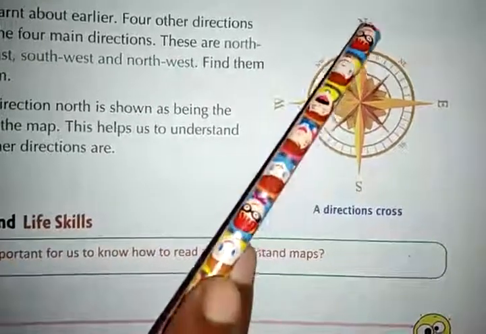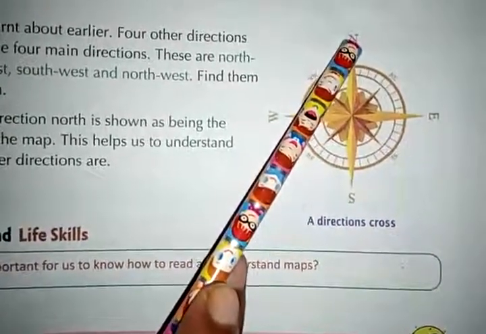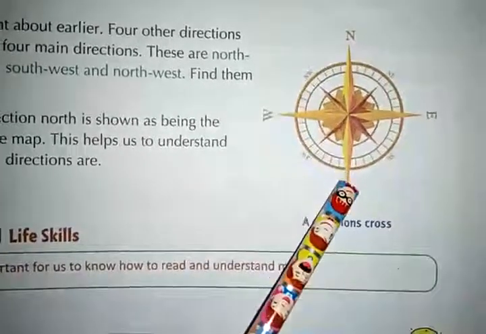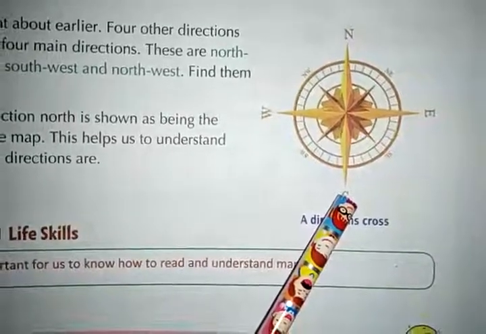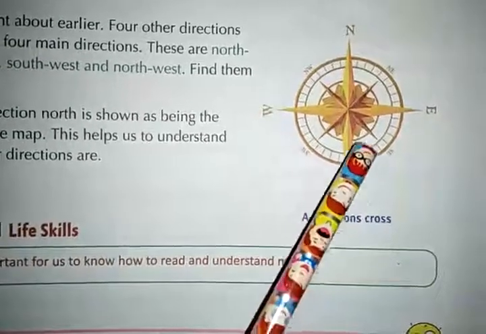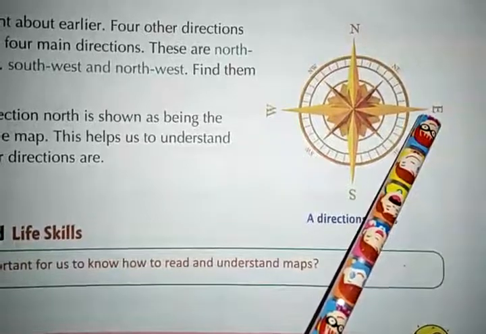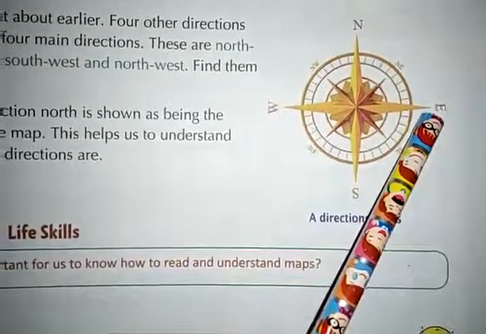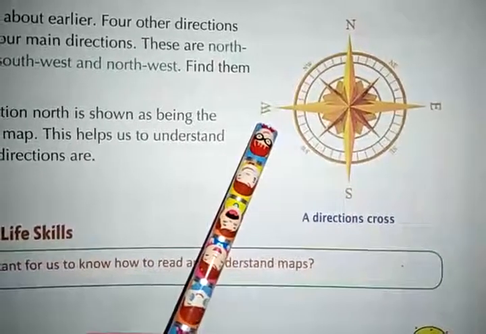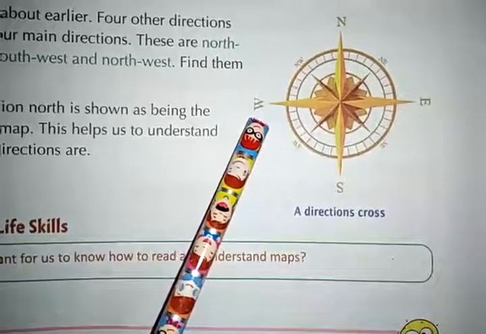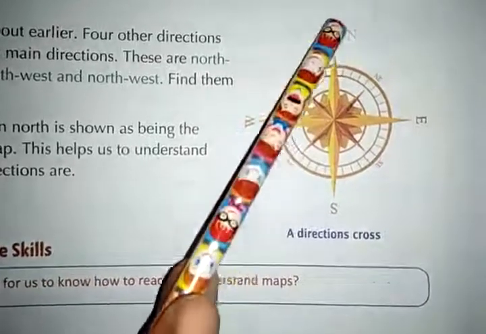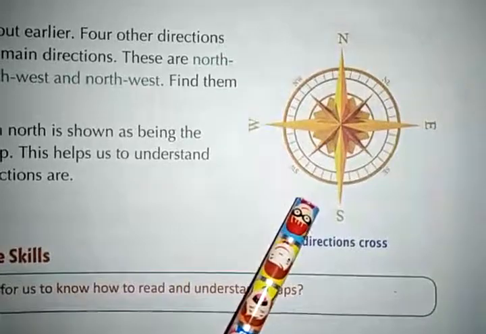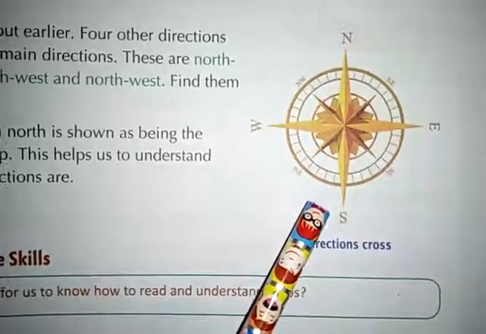How? North direction shows the upper part of a map, so straight down will be the south direction, and on your right hand it will be east direction, on your left hand it will be west direction. So with the help of only north direction, you will be able to find the other main three directions.